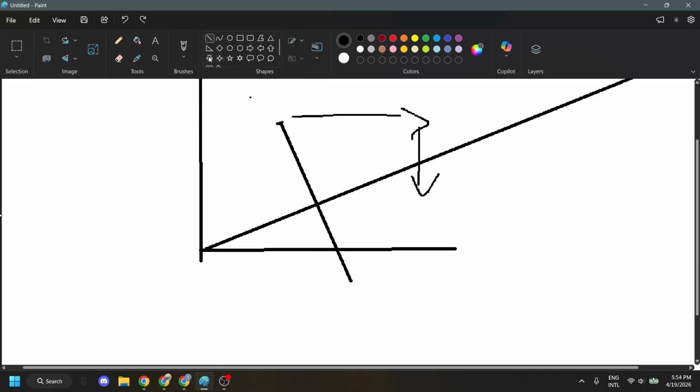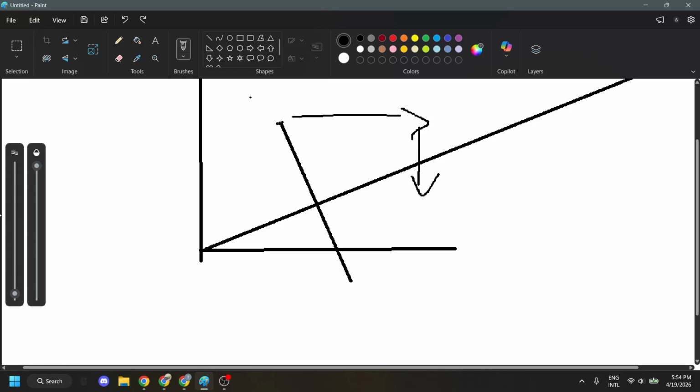If we find the distance between the x coordinate and the intersection point, then we can just add 2 times that to get this x coordinate down here. This is the same thing.